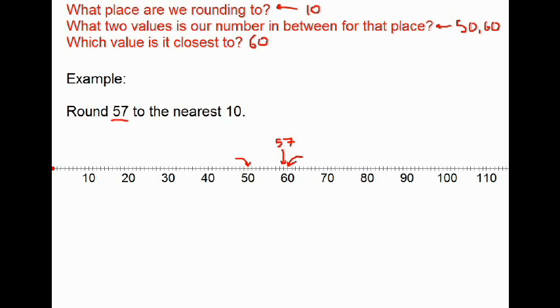Since we're moving to the right on the number line to get to the closest 10, we would say that 57 rounds up to 60. So again, 57 rounded to the nearest 10, we would round up to 60.